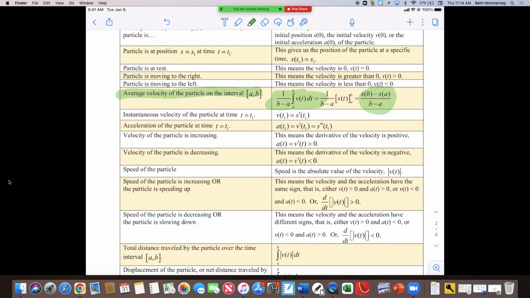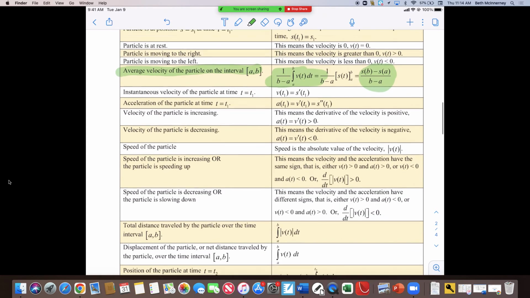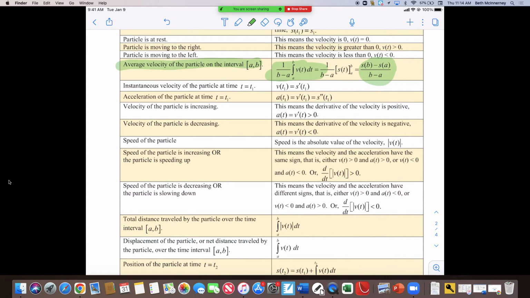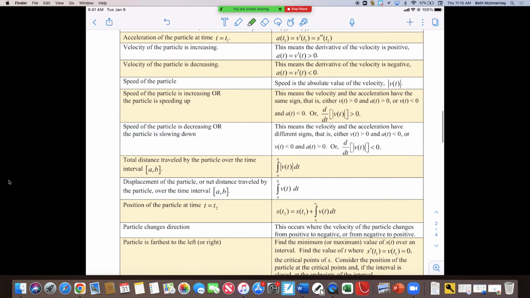Velocity is increasing means that the acceleration is positive. Velocity of the particle is decreasing means acceleration is negative. Now, the speed of the particle is the absolute value of velocity. Then here's what we just did, these next two. Speed of the particle is increasing, or speeding up, when velocity and acceleration have the same sign. Speed of the particle is decreasing when acceleration and velocity have opposite signs.